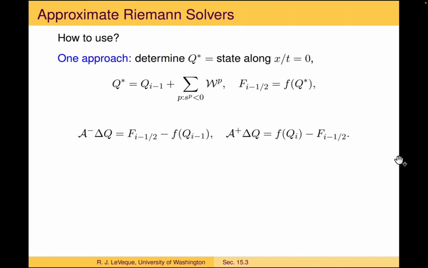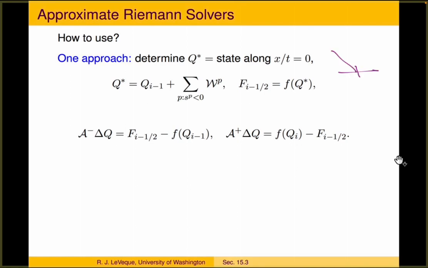But before going into that, I did want to mention that there's a couple of different ways you might use this Riemann solution if you've defined it this way. So one way you could use it is, once we have this approximate Riemann solution, that gives us for any left and right state a set of waves that are propagating at some speeds. And we could look now along this ray x over t equals 0 and just see what is the value along that ray.